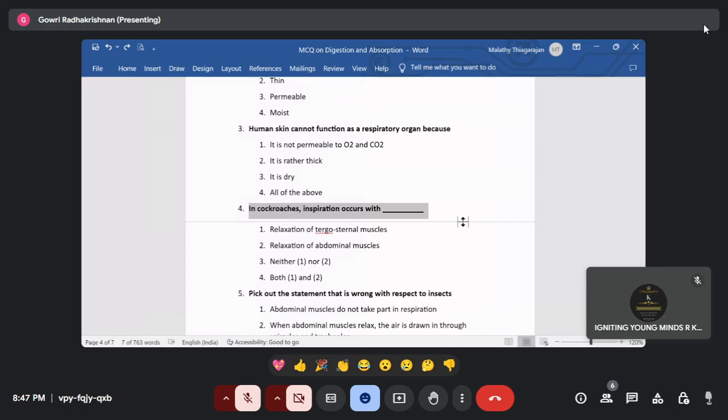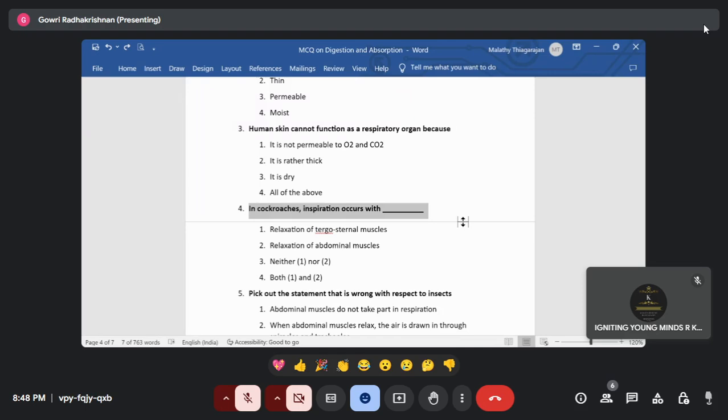Yes, it is not permeable to O2 and CO2. You think that is the only option? It is rather dry, thick.